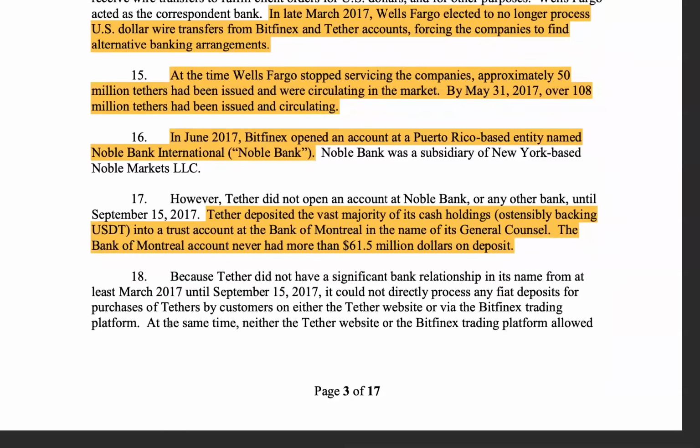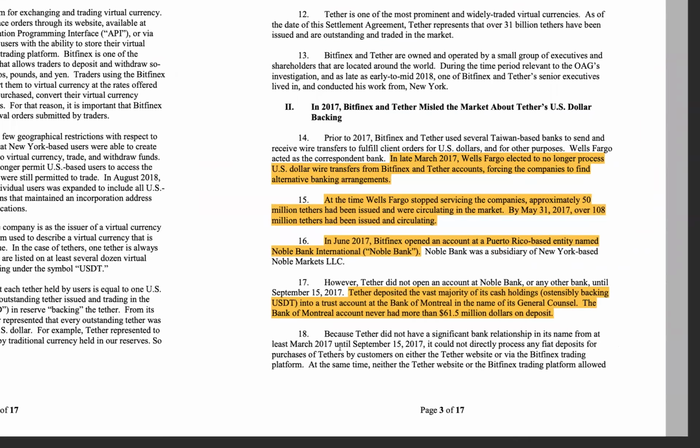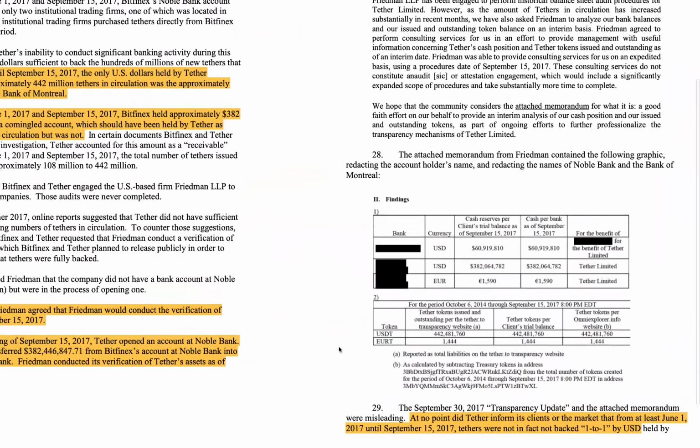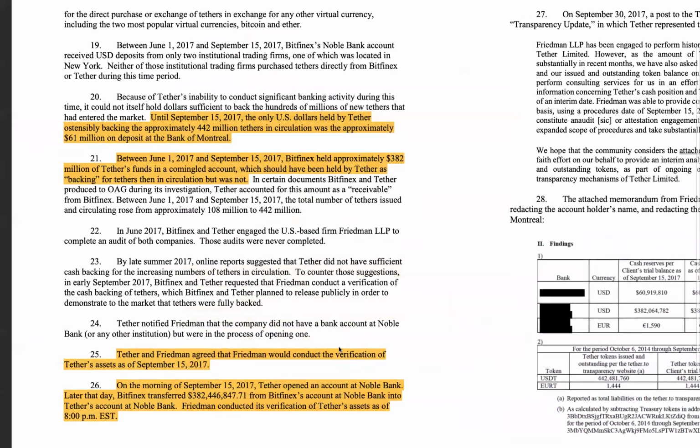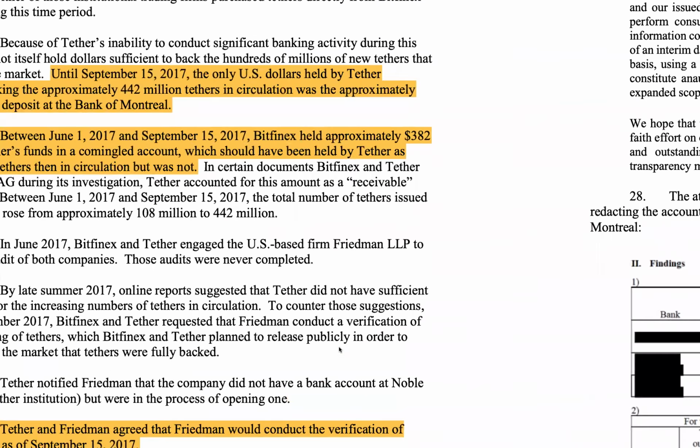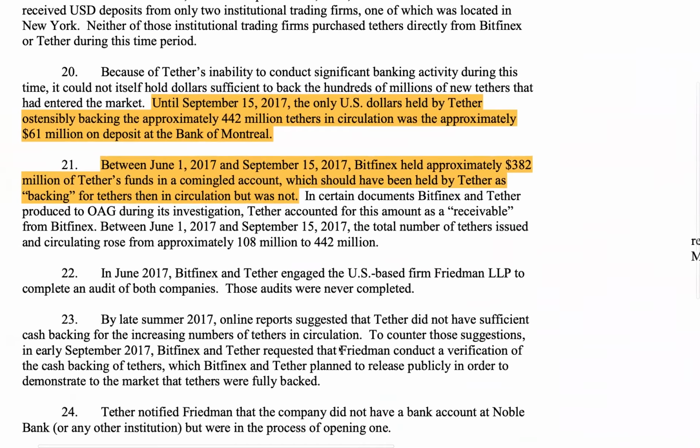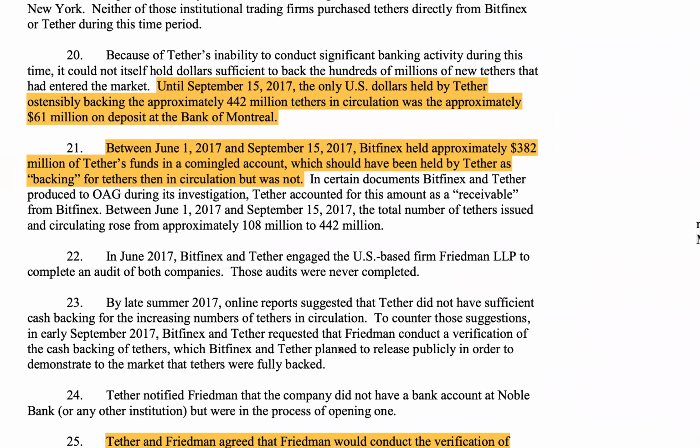How do I get to the next page? There we go. Oops. Okay, so until September 15th, the only US dollars held by Tether backing the supply, which by this time went up to 442 million tethers, was $61 million, according to the Attorney General in this file.